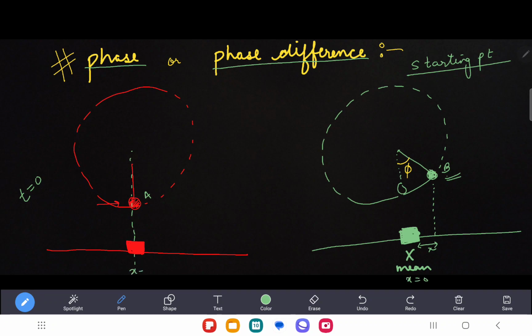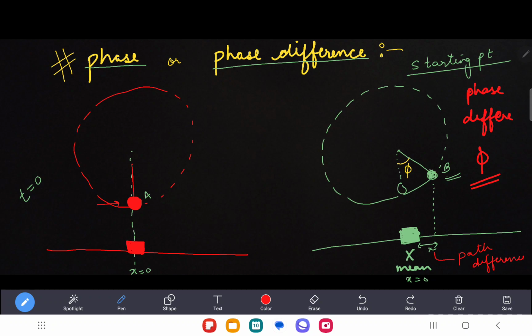What does that mean? The phase difference between A and B is phi or theta, and X is the path difference.